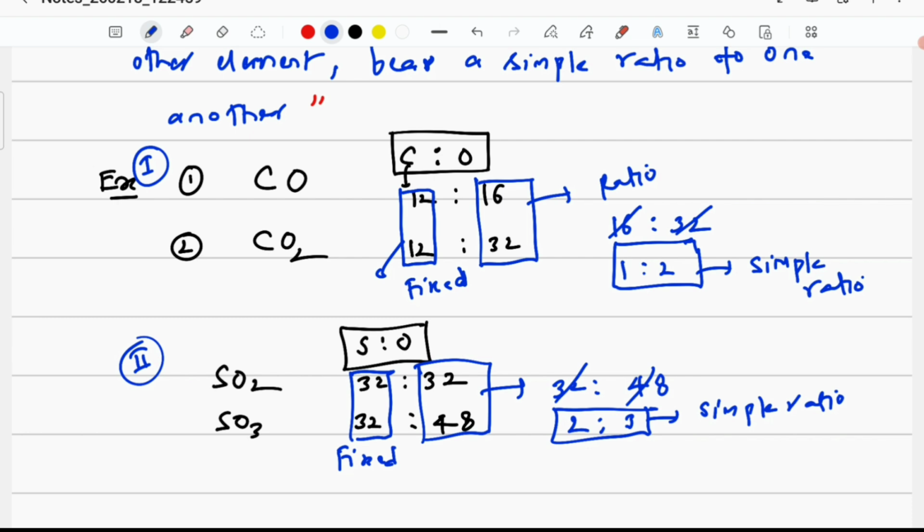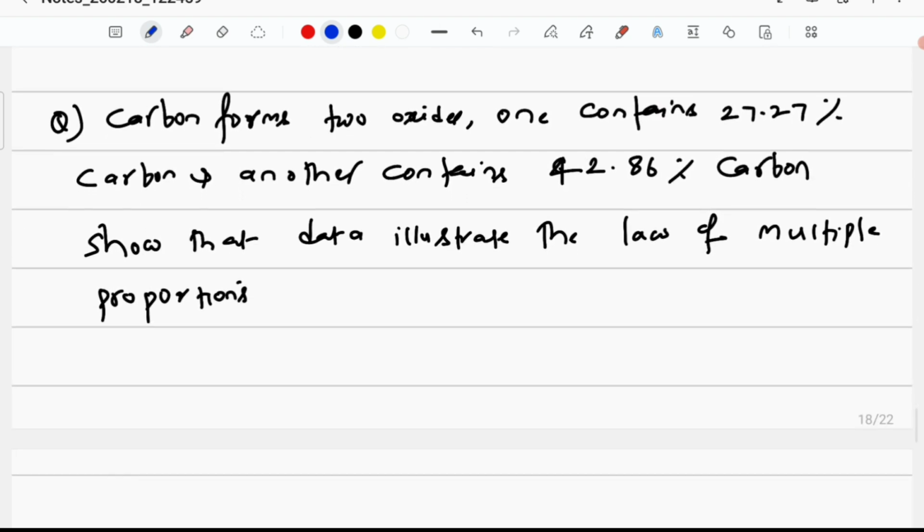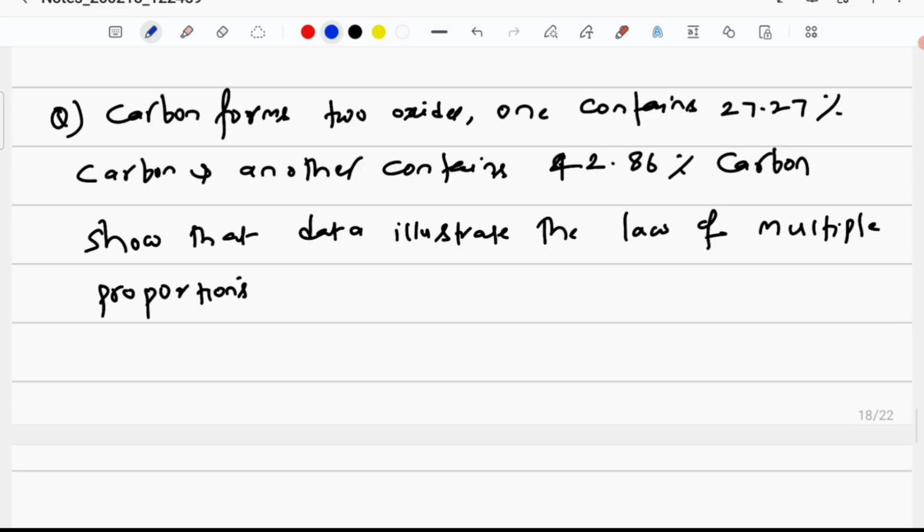Okay. And next moving to one question based on this. Carbon forms two oxides. One contains 27.27% carbon and another contains 42.86% carbon. Show that the data illustrates the law of multiple proportions. So here you take the mass ratio of carbon to oxygen in the first oxide.